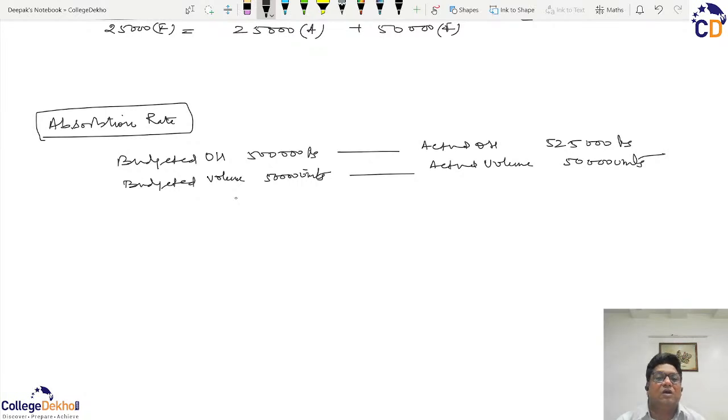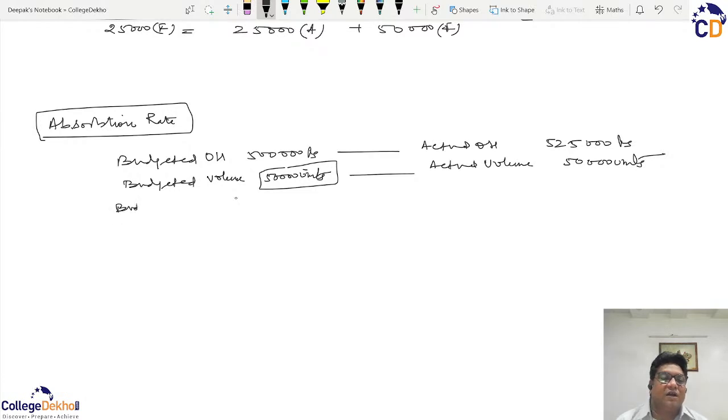Now, if we anticipate how many hours of production will be utilized to produce these 50,000 units, for example, and that hours of production can be counted in terms of human labor, then it will be known as labor hours, or in terms of the machine, then we can use the word machine hours.